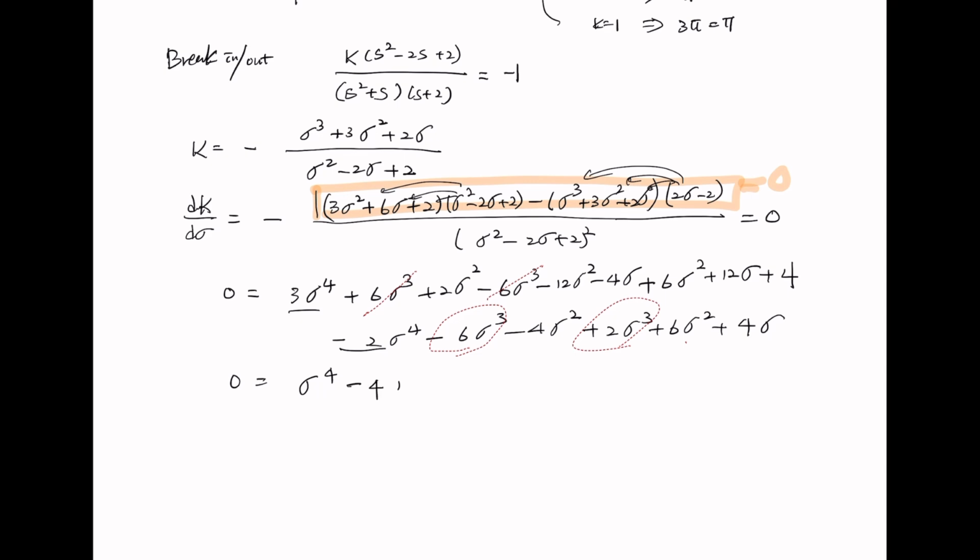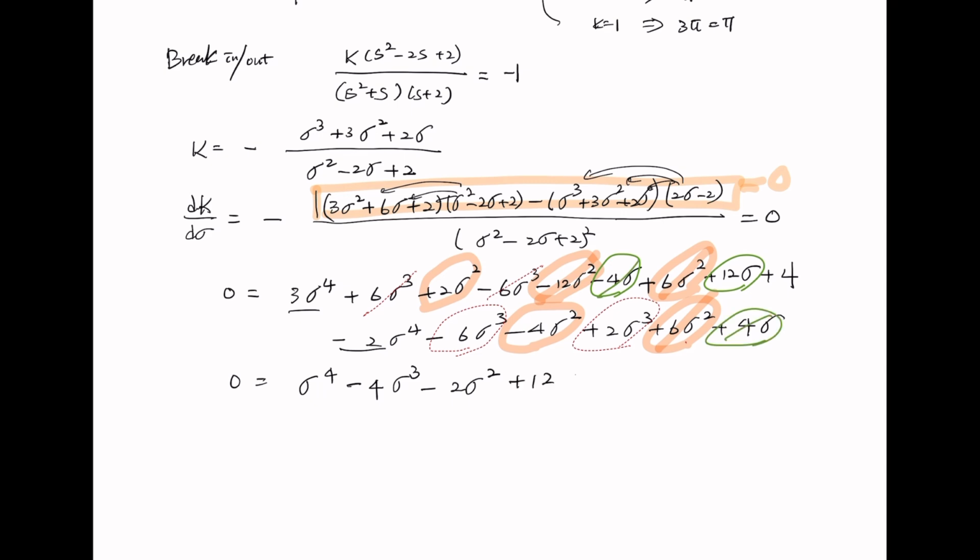Therefore, we have -4 sigma cubed. For the squared term, the 6 will cancel with the -12, leaving -2 sigma squared. For the sigma terms, -4, plus 6, plus 4, so we have +12 sigma, and then +4.